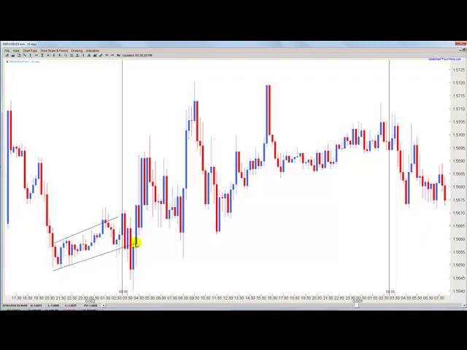And so what you would do is you would just carry those on over into the 3 a.m. time slot. And when you get that break, it's tradable. And then when you get a break up above it through there, it's tradable again. This one here was a more sideways range, and any breaks above that were tradable.